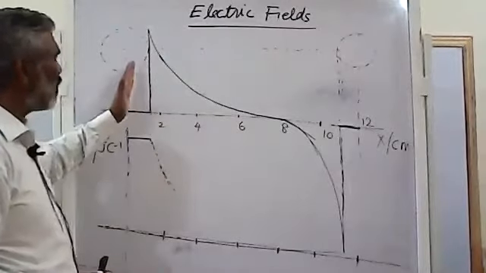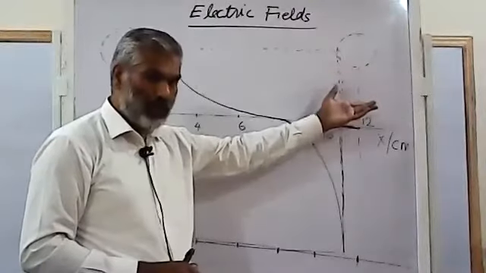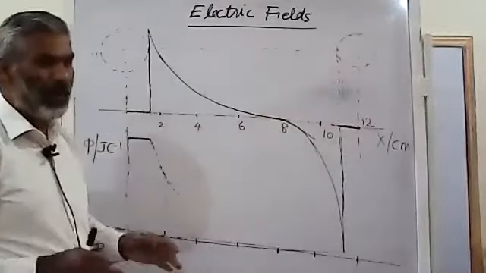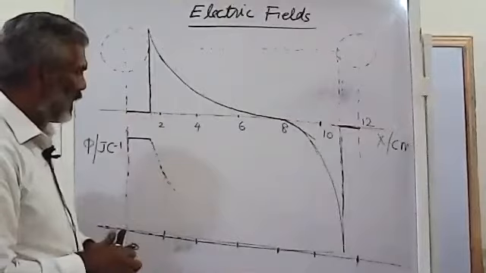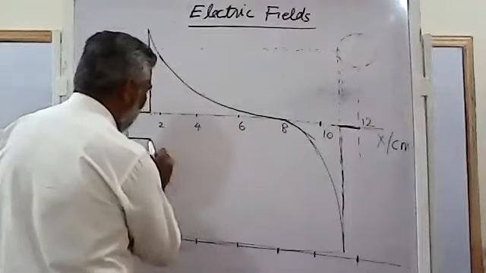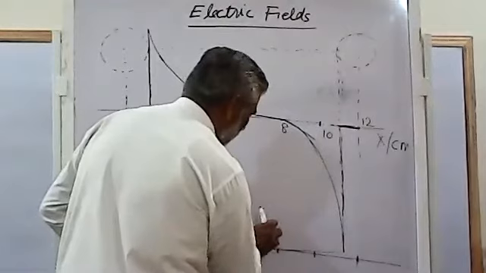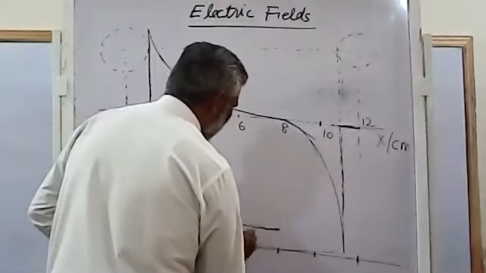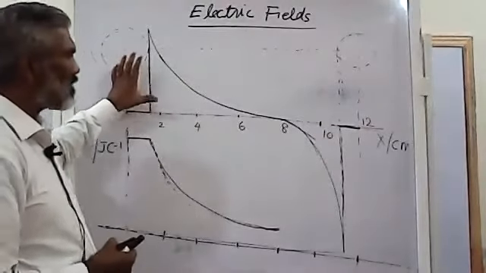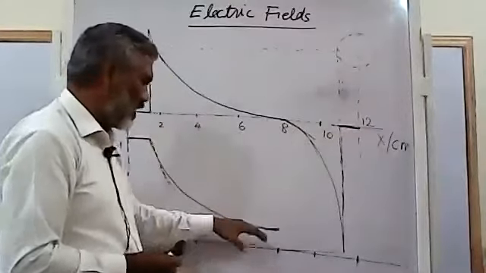So although potential of this will decrease as you go away from it, potential of this, it's also positive, will also decrease as you go away from this, but they will have some value and they add up and they will be minimum at this position. So this curve will have its lowest value where the electric field was 0. But potential is not becoming 0 because this will have some positive potential at this position and this charge will also have some positive potential at this position.